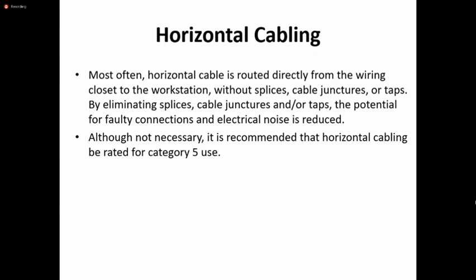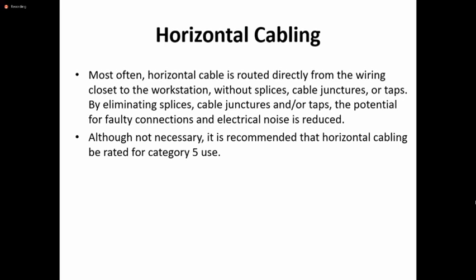If you have joints in the middle, then definitely there will be issues with the power or the signal, because when there are connections in the middle, the connection is not proper. Sometimes it doesn't properly touch the conductors, right? There may be loose connections.